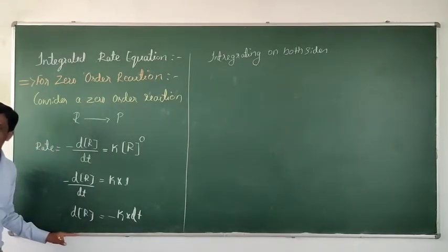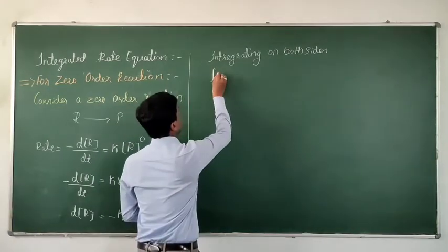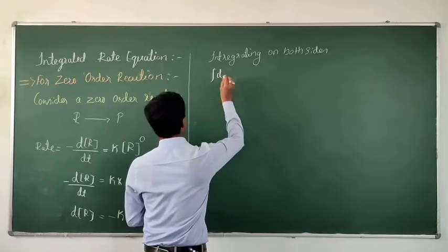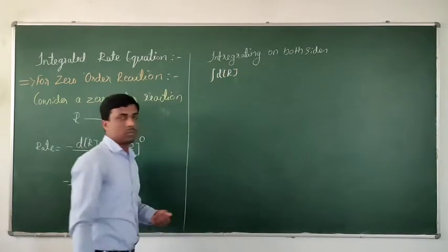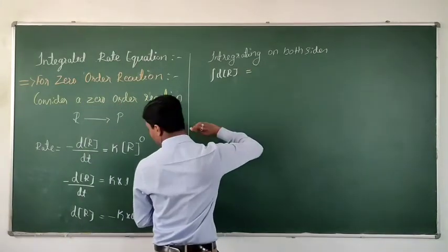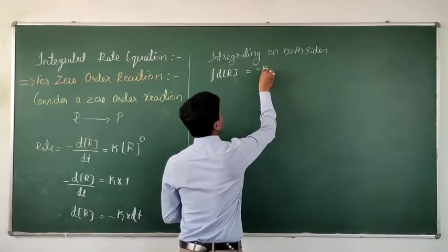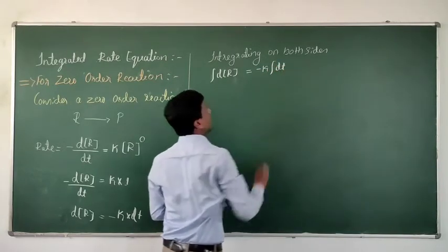On both sides of this equation, what you will have? Integration of dR is equal to minus K into integration of dt.